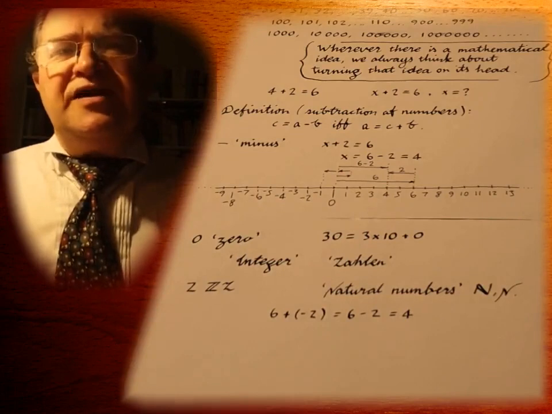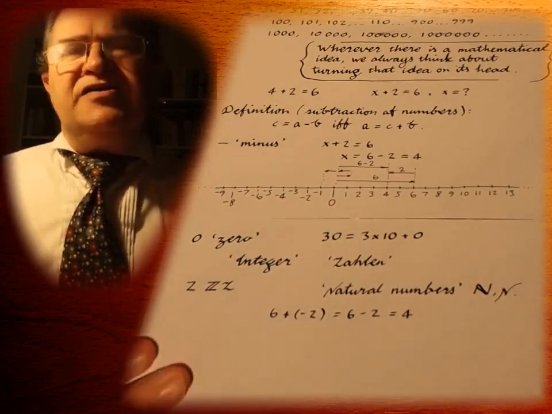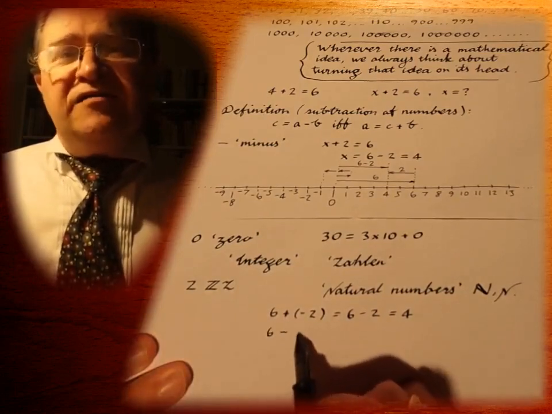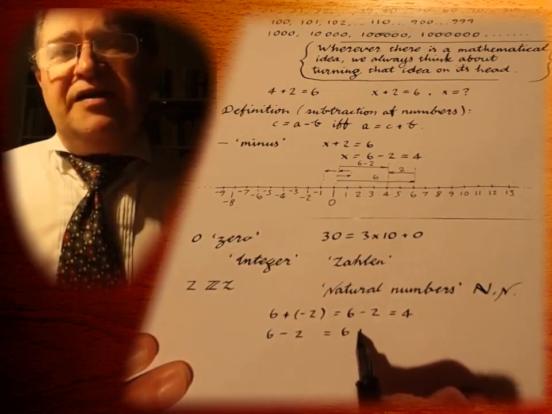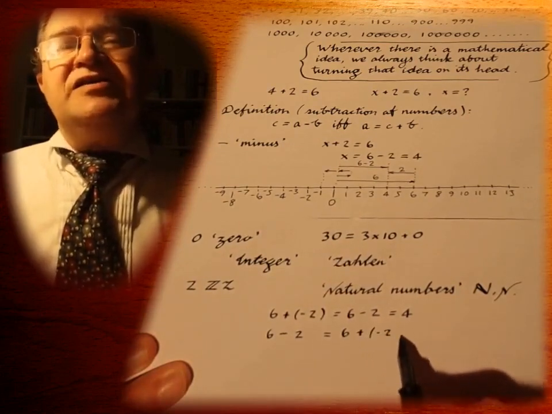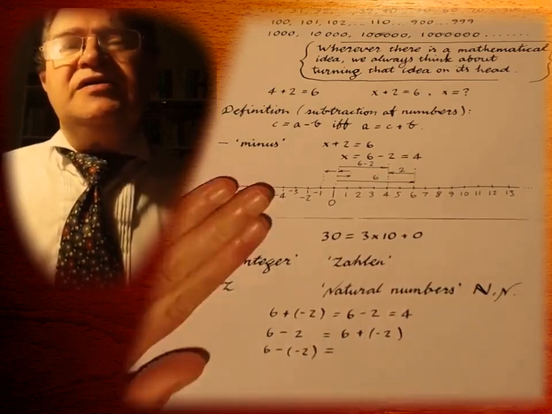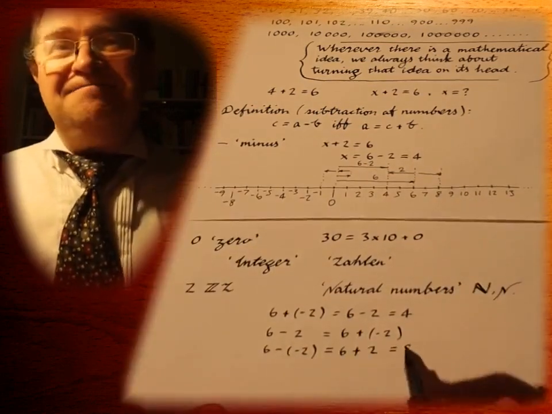In this result, we understand the operation of subtraction. It is a shift in the opposite direction of that of the number being subtracted. If we turn this around and write 6 minus 2 is equal to 6 plus minus 2, we can then consistently give meaning to 6 minus minus 2, which is 6 plus 2, which is 8.